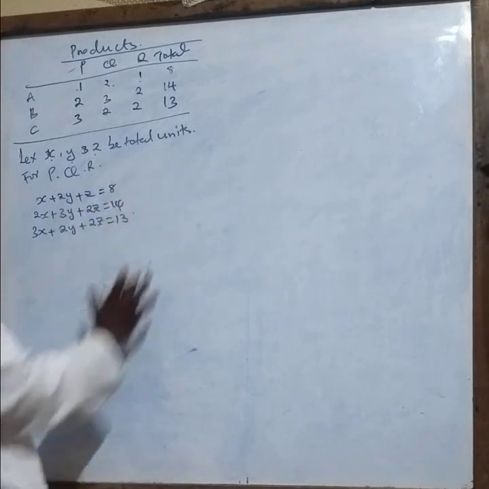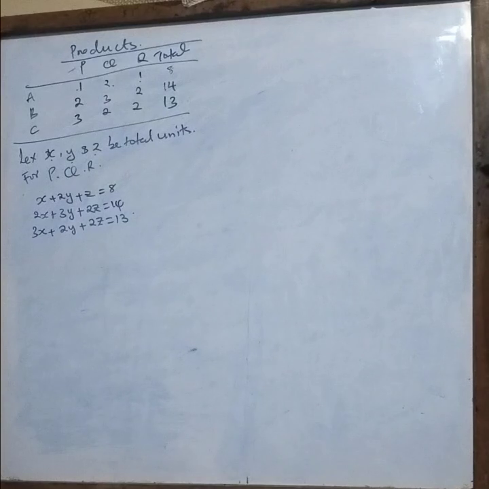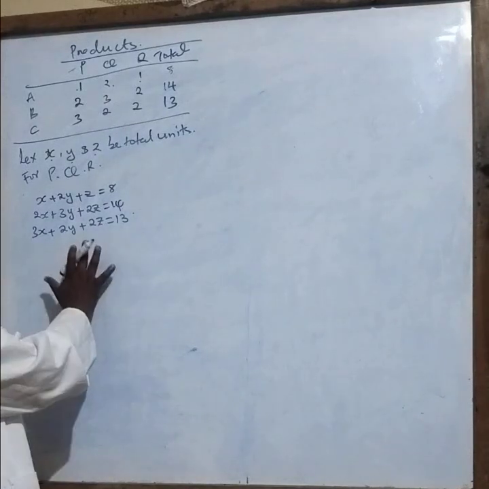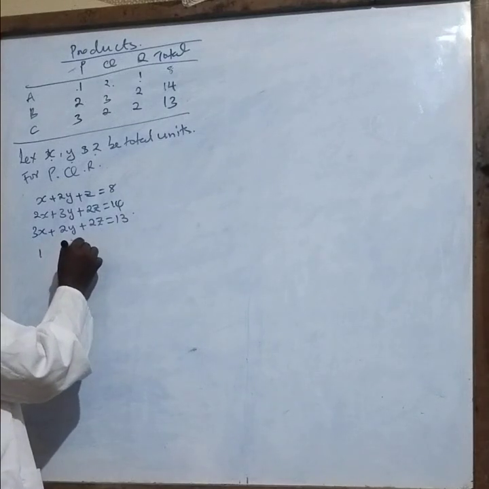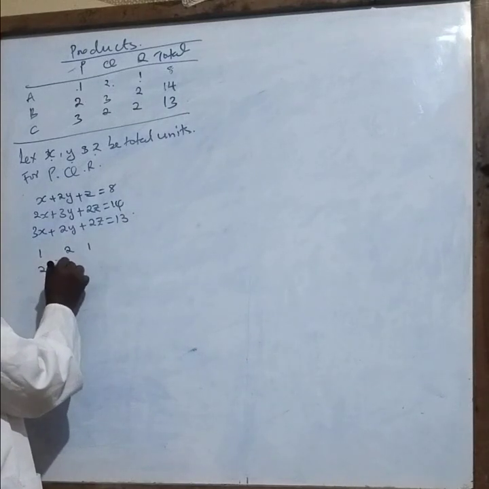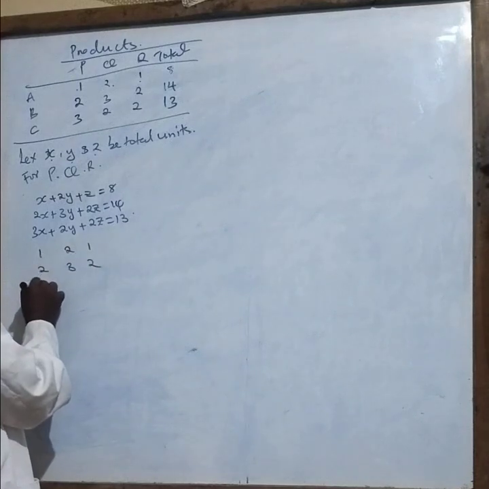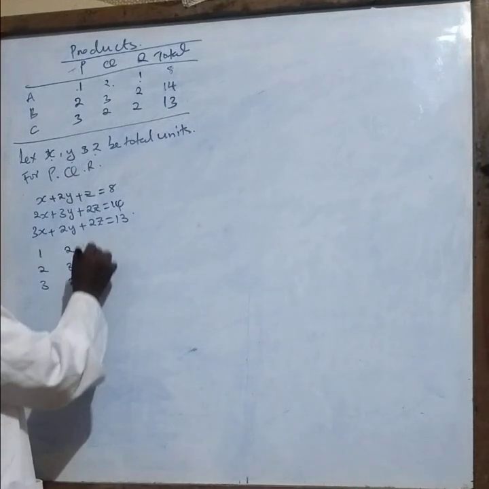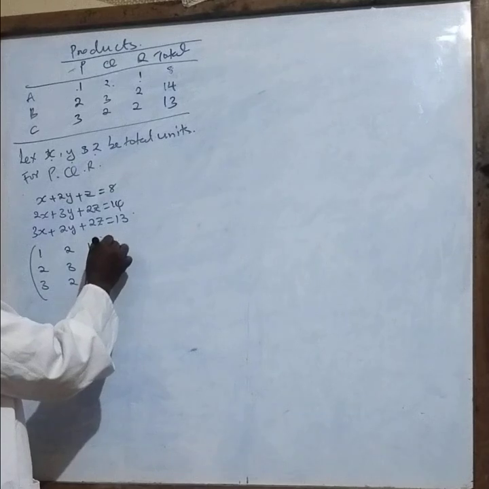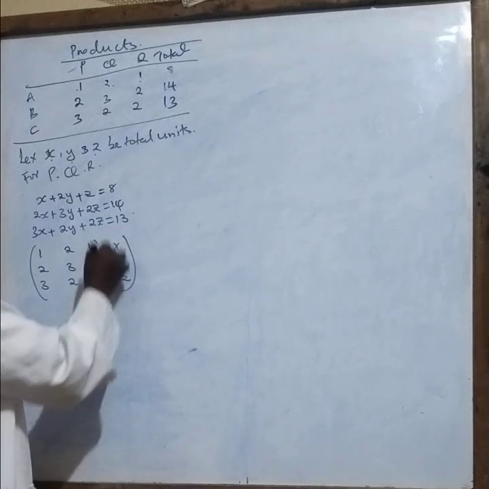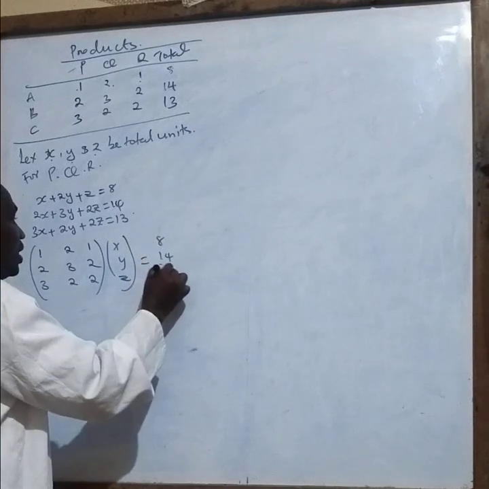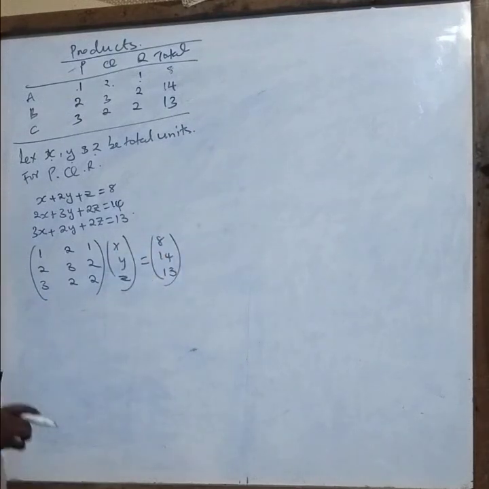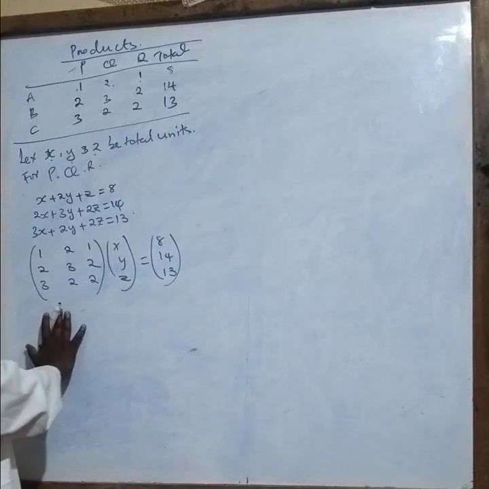By doing this, you have another 1 mark. After this, you write these equations into matrices. That is now 1, 2, 1, 2, 3, 2, 3, 2, 2, like that. Then X, Y, Z, like that, equals 8, 14, and 13. Okay? That is another step.